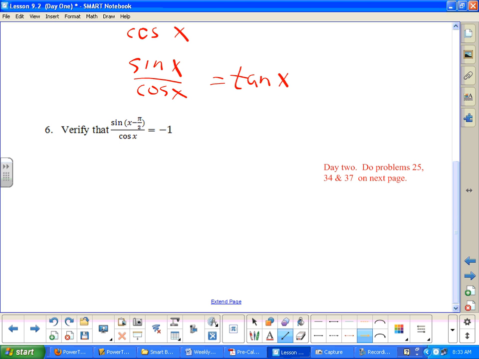Okay? So here we have, for number 6, they want us to verify that the sine of x minus pi over 2 over cosine of x is equal to negative 1. So we look at this and, hey, that says the sine of x minus pi over 2. It does not say pi over 2 minus x.